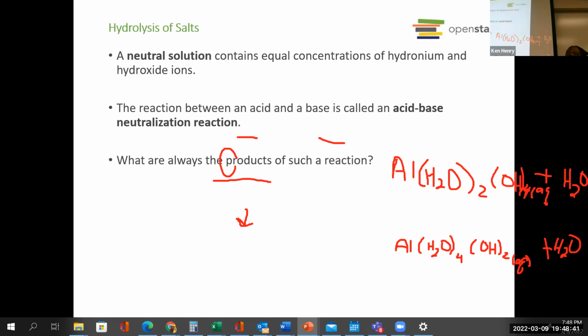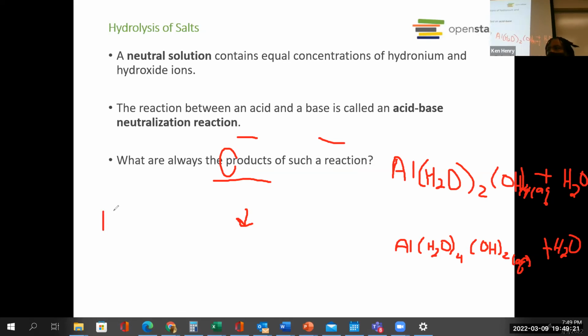You guys remember what those products are for an acid-base neutralization? I said that the hydroxide ion and the hydronium ion are going to be equal when the solution is neutral. So what are going to be the products of an acid and base reaction?